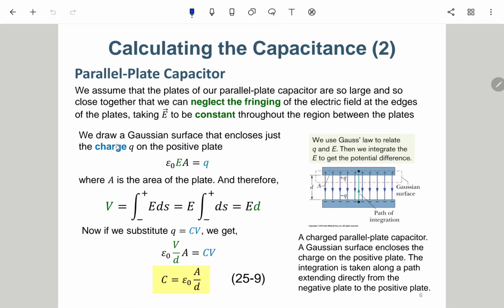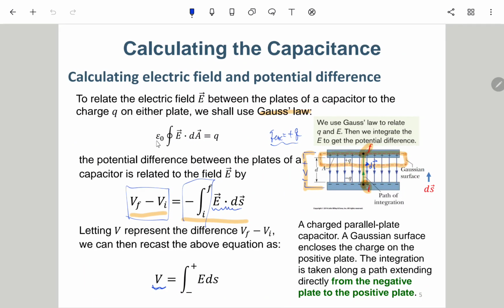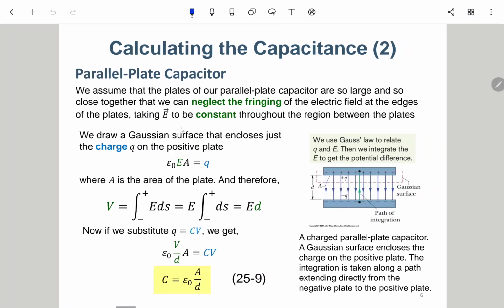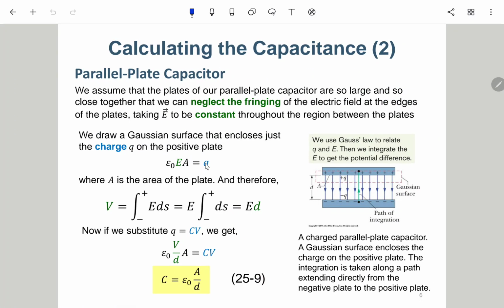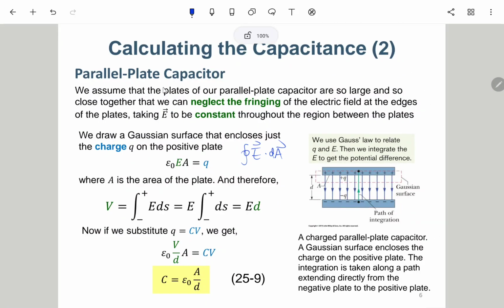Okay, so here we'll try to simplify Gauss's law. On the right side is nothing but Q, but on the left side, originally, it will be the integration of E dot dA. Here it actually mentions the approximation I just mentioned.